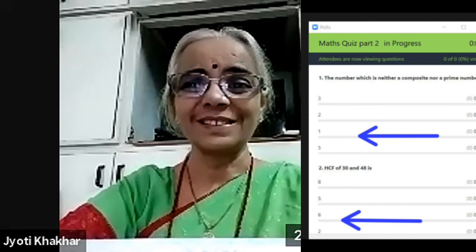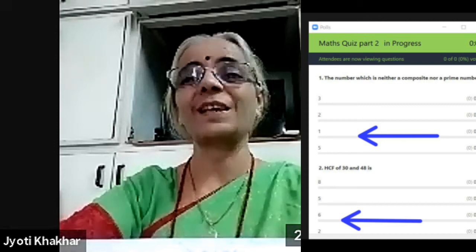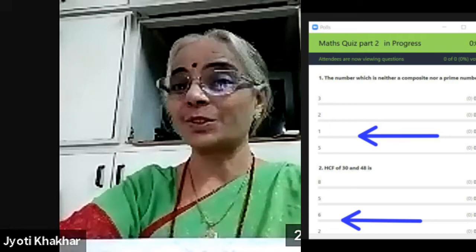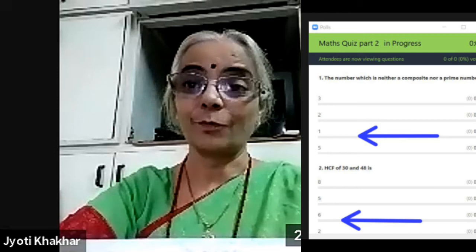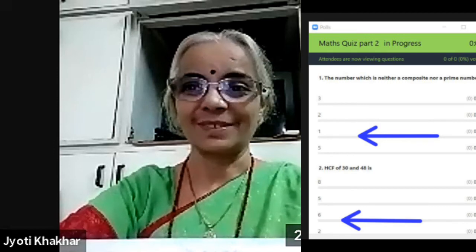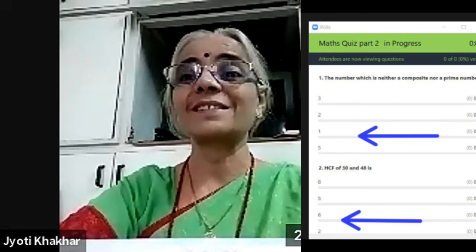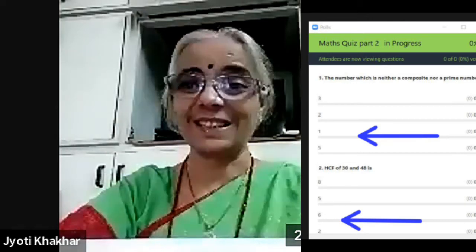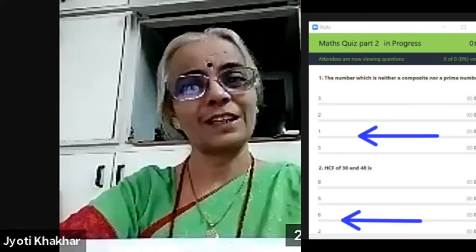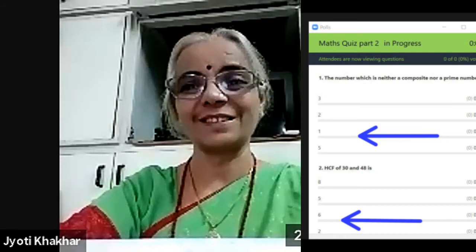But 30 doesn't come in 8's table. So that is not the correct option. 5. 5 6s are 30. But 48 cannot be divided by 5. It doesn't come in 5's table. So that is also not the correct answer.